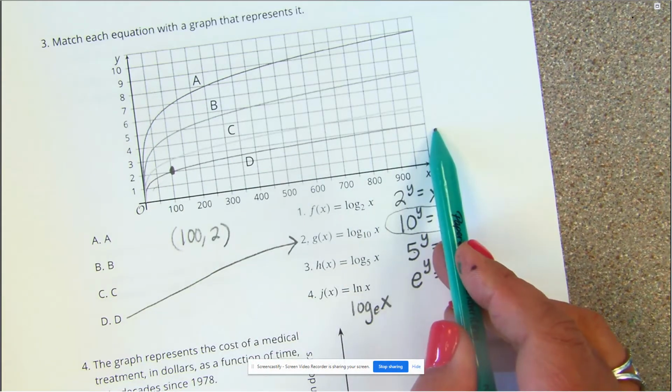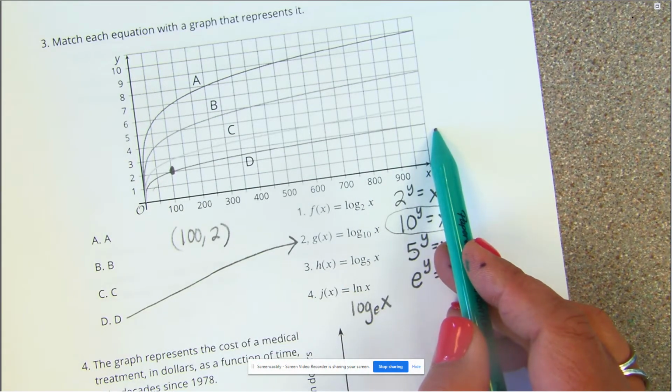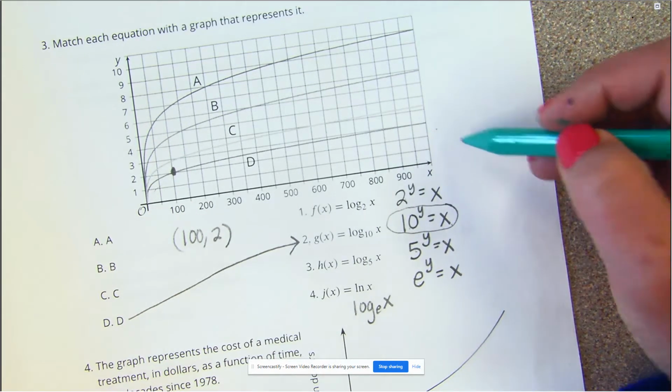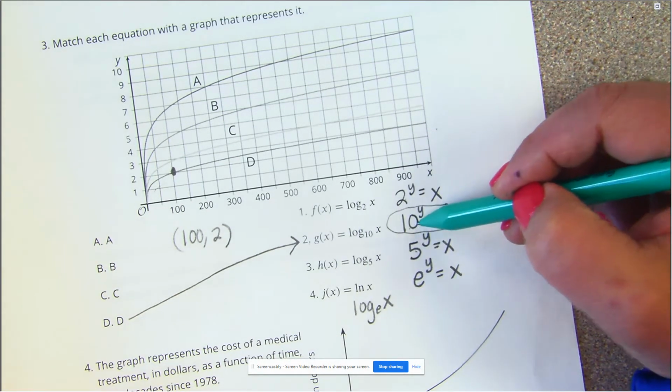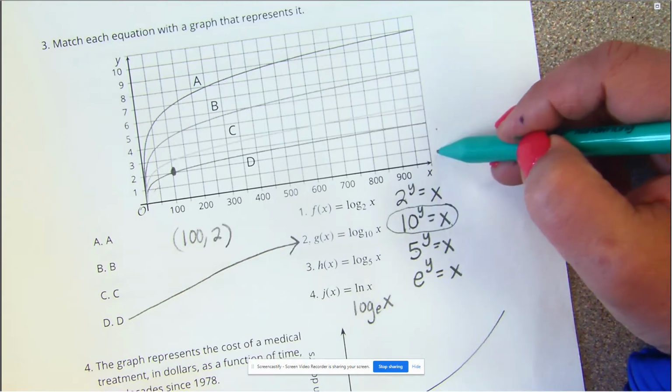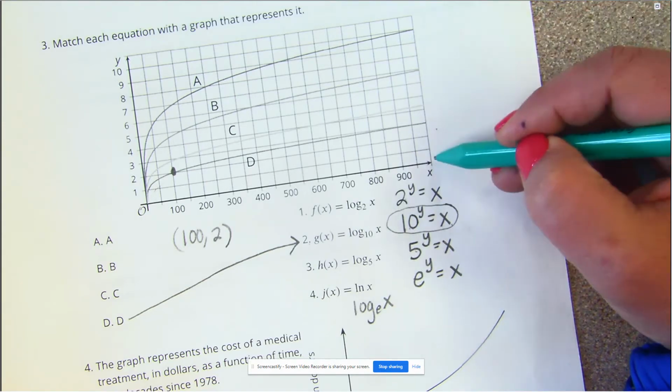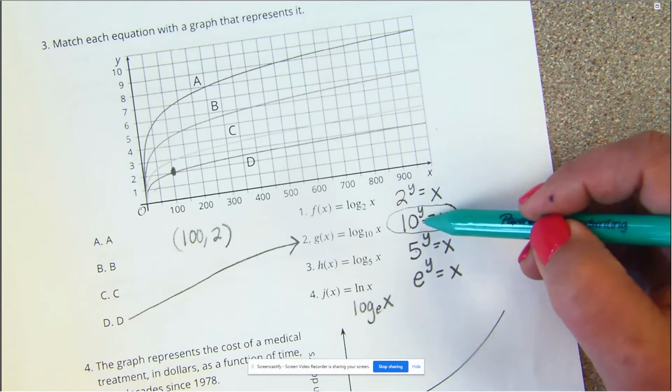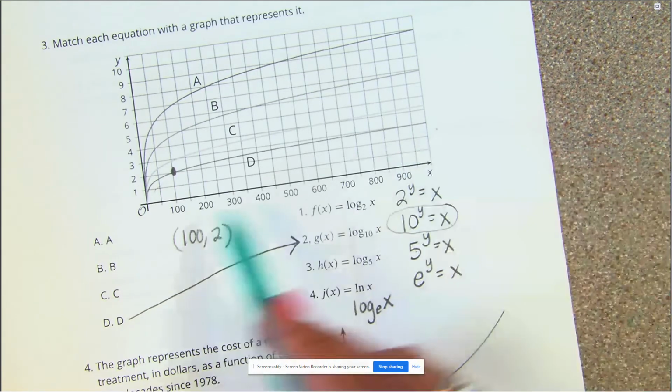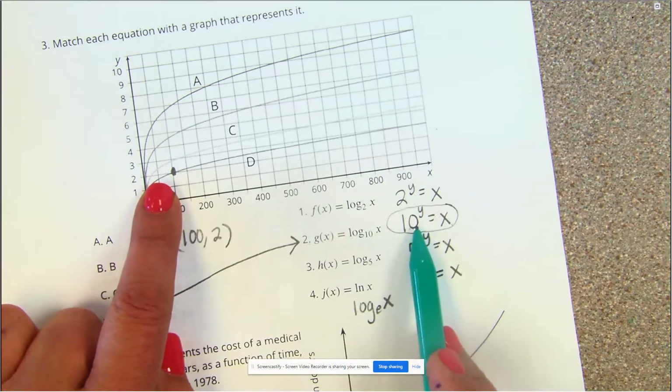Because these are the inverse of an exponential, right? Normally, if I graphed 10 to the x, it would be the fastest growing, and so I believe these are going to be reversed. So this is going to be the 10, and then the next biggest number is 5. That's going to be C.